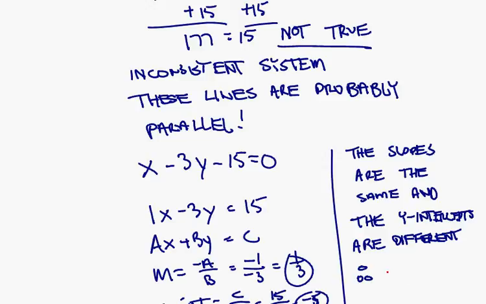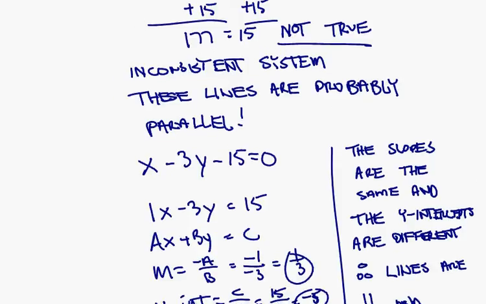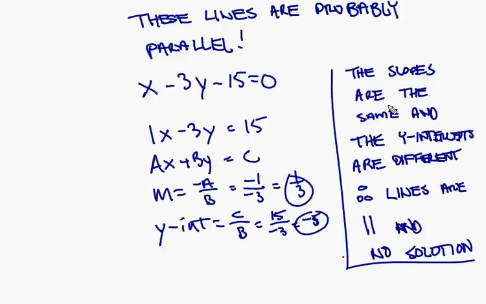Therefore, lines are parallel and no solution. Slopes are the same and the y-intercepts are different. Therefore, lines are parallel and no solution.